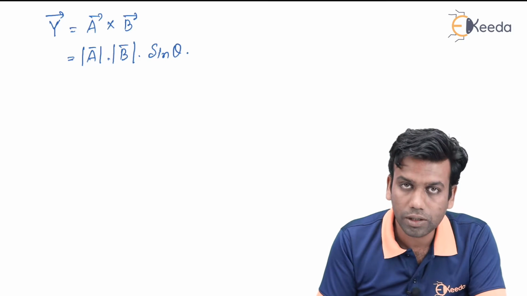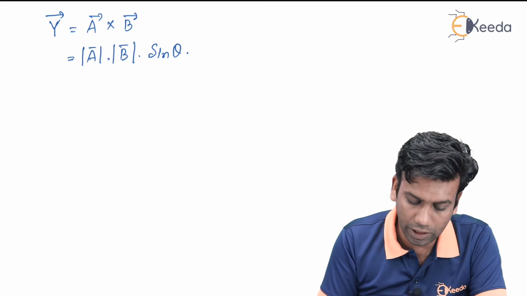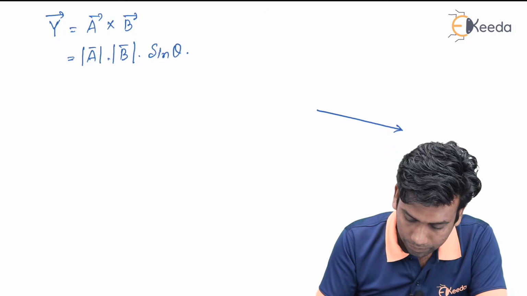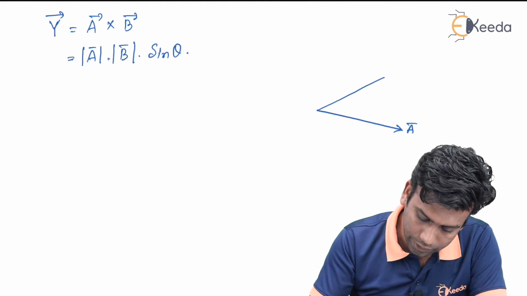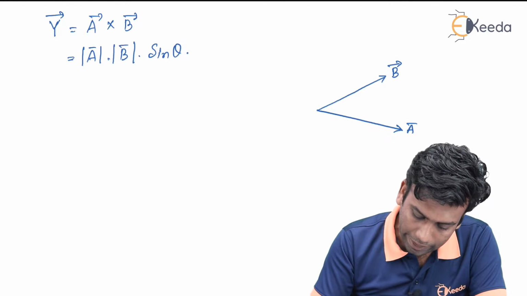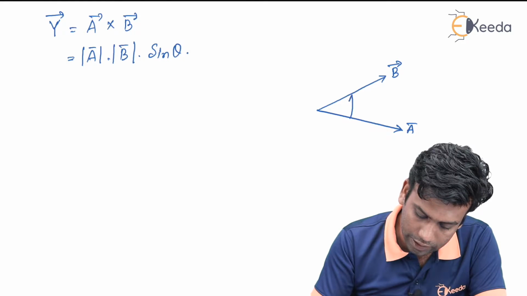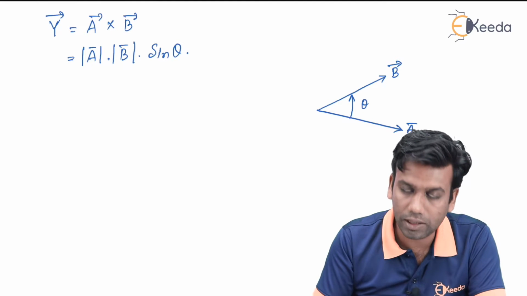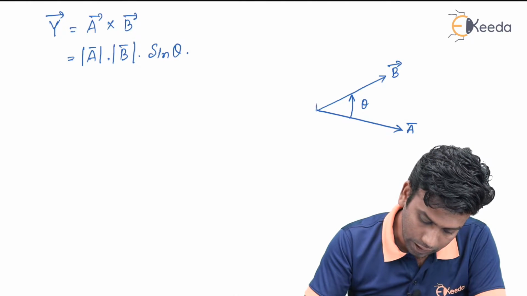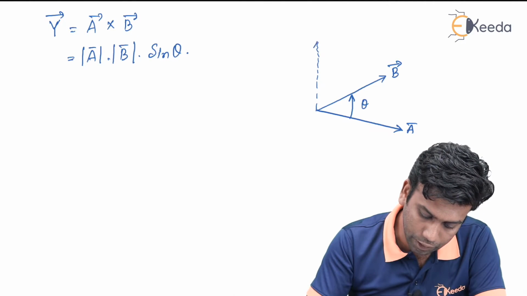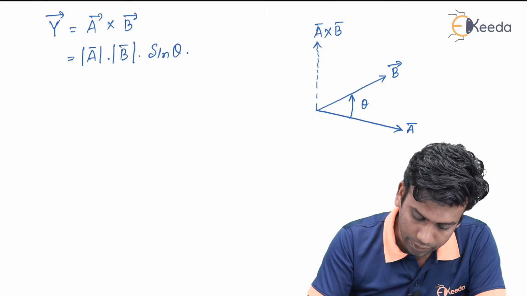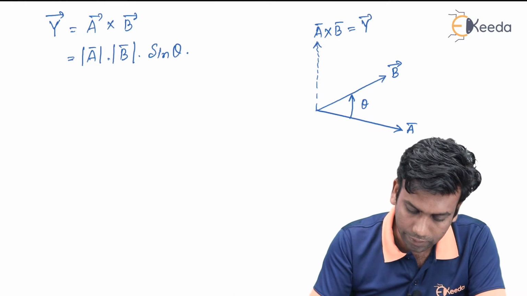Graphically, if this is the A vector and this is the B vector, and the angle between A and B in this direction is theta, then A cross B will be found in the perpendicular upward direction. That is the Y vector.